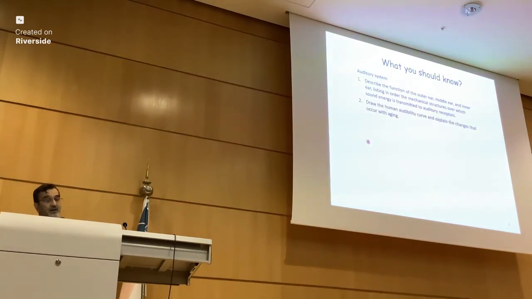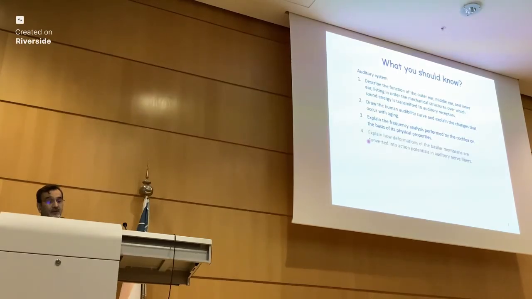We will draw a human audibility curve, the ranges of frequency and loudness which we can hear, and we will compare it with other species and see where we are standing in terms of frequency and loudness of sound. We are also going to talk about the frequency analysis by the cochlea.